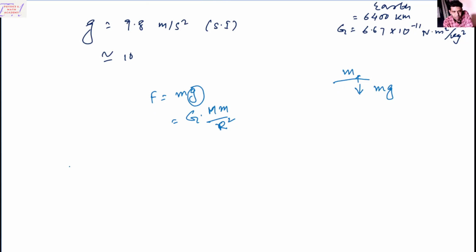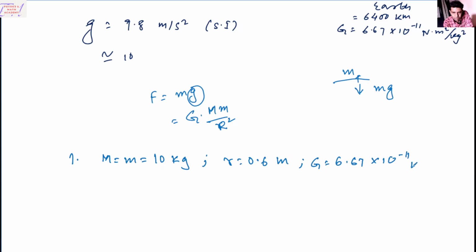We take capital M and small m, both as 10 kg, and the value of r is 0.6 meter, and you know G is equal to 6.67 into 10 to the power minus 11 Newton meter square by kg square.